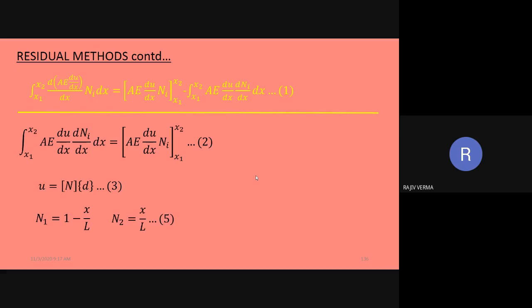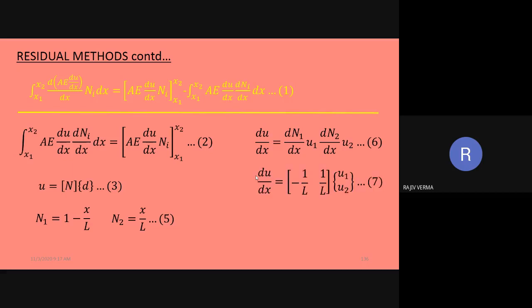This is shape function number 1, shape function number 2 in equation number 5. And since we are going to require du by dx, therefore we are differentiating equation number 3 to get equation number 6. And equation number 7 is just equivalent of equation number 6, but it is now in a matrix form.